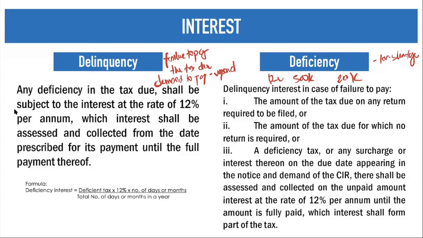Those are known as tax deficiency or tax delinquency. So your interest can be based on your tax deficiency or tax delinquency, but either way, it is 12%.